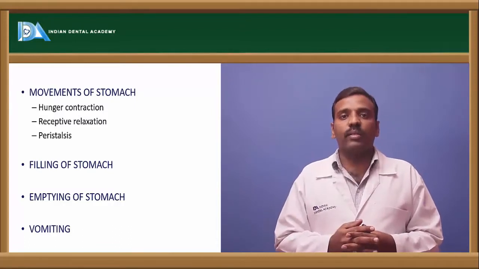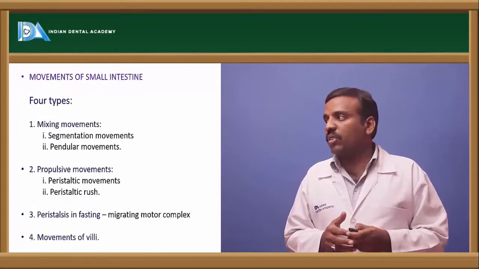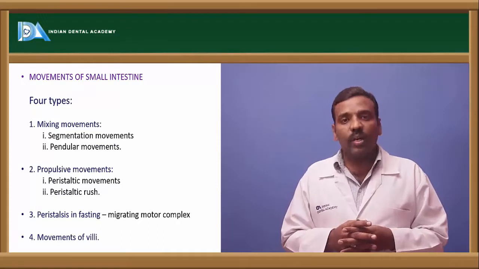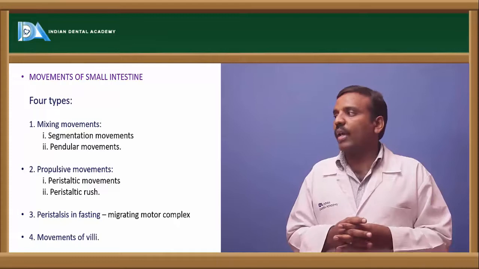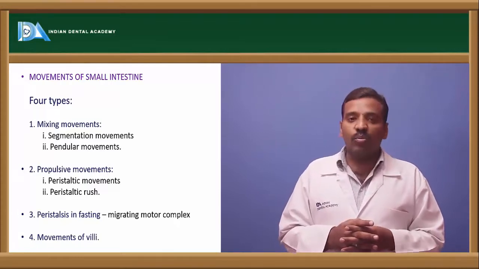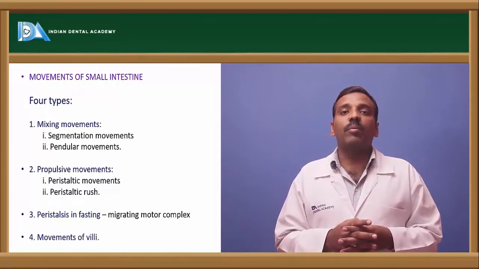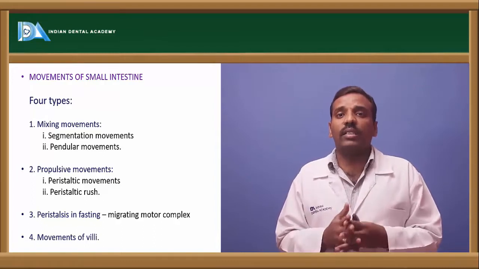This process is called vomiting. And the next one is the movements of the small intestine. There are four types of these movements: the first one is mixing movements, the next is propulsive movements, and the third is peristaltic movements in the fasting condition, also called MMC, migrating motor complex.